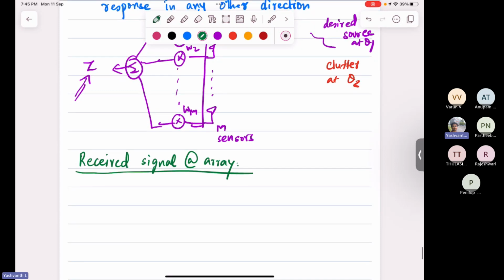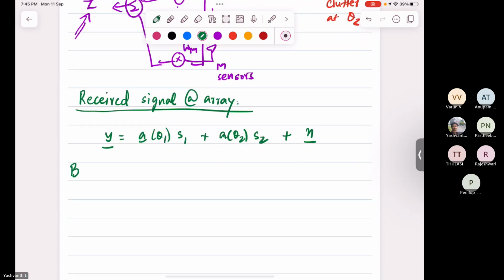Okay, let's write the received signal first. The received array signal is given by, it's like a multiple target problem, y equals a of theta1 s1 plus a of theta2 s2, where let's say the clutter is at theta2 direction, plus noise n. Now, the beamformer response in theta1 is given as W Hermitian a of theta1, where W is the vector of weights.